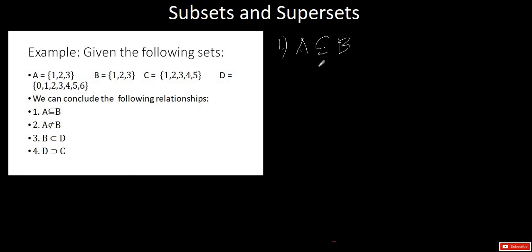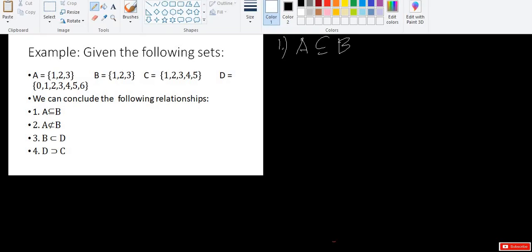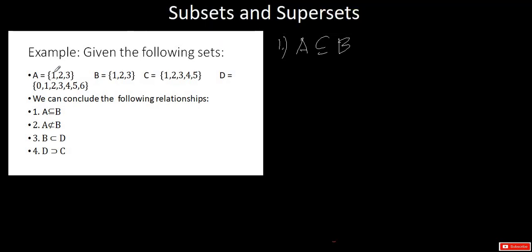Okay, why? We can see here that every element of set A is also an element of set B, right? So we have 1 in A is also in B, 2 in A is also in B, and 3 in A is also in B. Now, in fact, these two sets are equal.